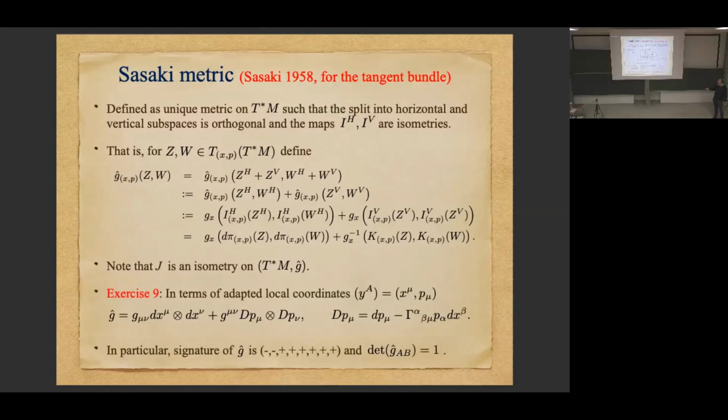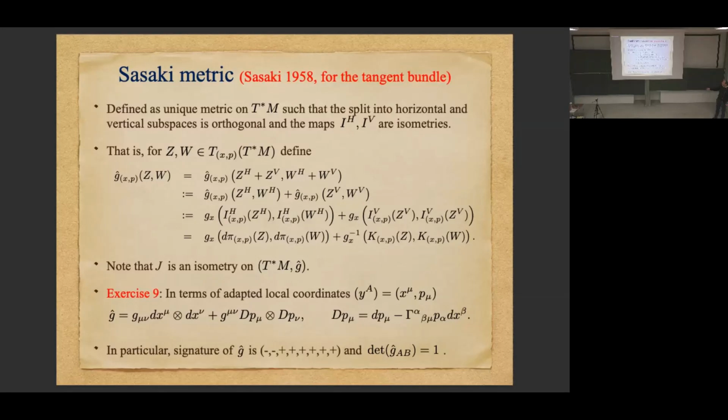Now, it's also a very easy exercise, if you compute the components of the metric in these adapted local coordinates, then you can show that you can write it in this way. So it's G mu nu dx mu dx nu. That's the space-time part if you want, and then you have this term here, which corresponds to the vertical part, if you like.